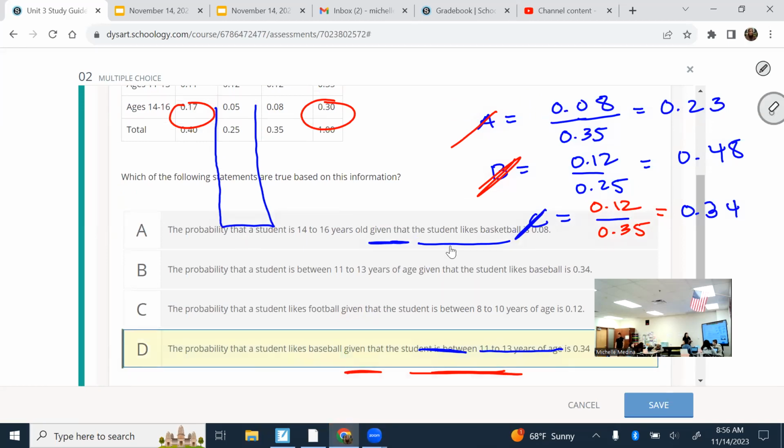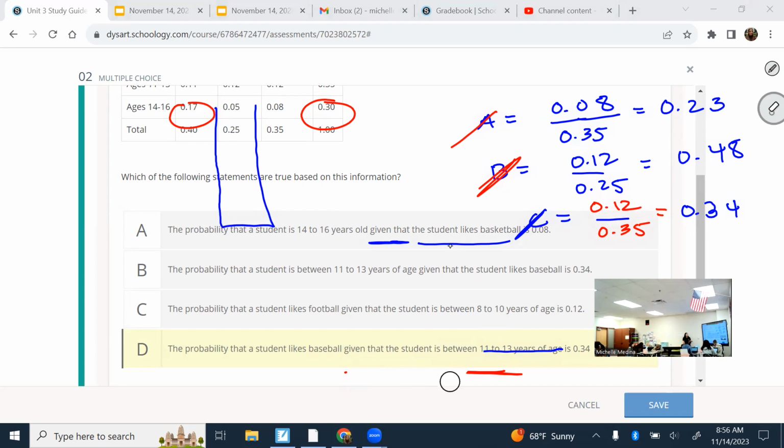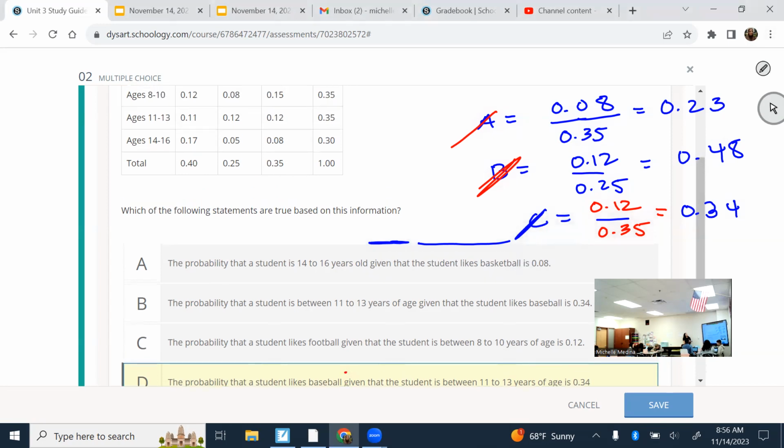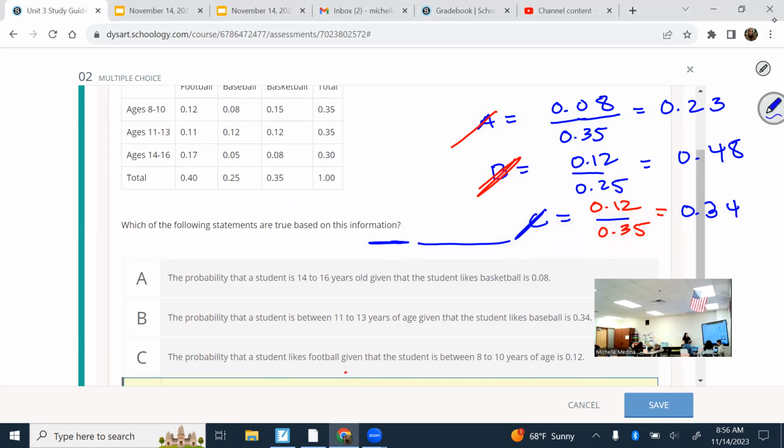It says the probability that a student likes baseball, given that the student is between 11 to 13 years of age. So let me go back up to my table. How many total students are 11 to 13 years of age? So that's my denominator.